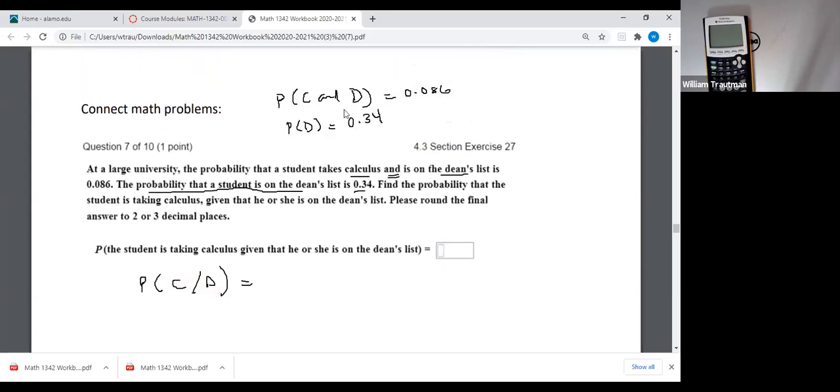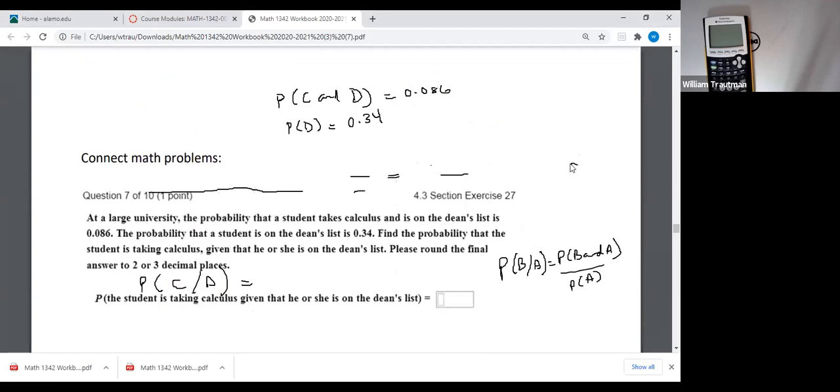So here's our formula. The probability of B given A is the probability of B and A divided by the probability of A. Or did I write A and B backwards? I don't think it matters.